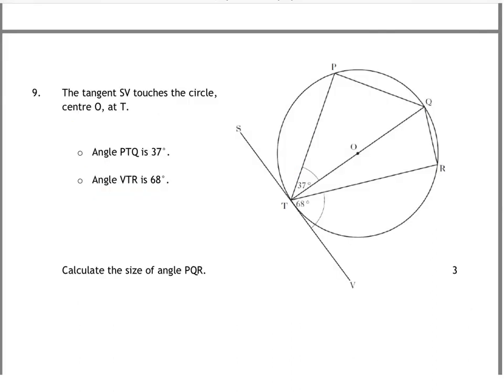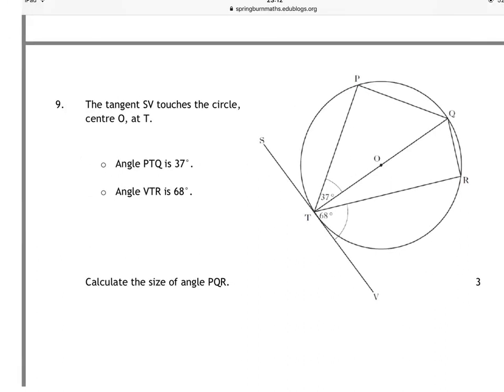Okay, for this one, we've got the tangent SV touches the circle with centre O at T. Angle PTQ is 37 degrees, VTR is 68 degrees. Find the size of the angle PQR. So there's PQR there. Well, we can note that that's a right angle, and we can note that that's a right angle to get going.